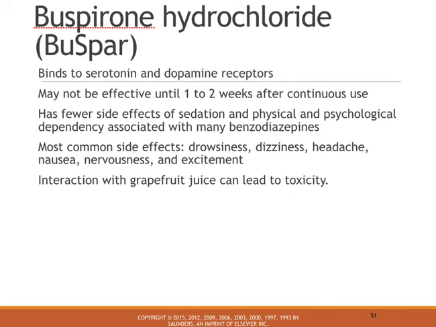So it has less sedation, less physical and psychological dependency than benzodiazepines, and an interaction with grapefruit juice that we need to avoid. Common side effects are a little bit of drowsiness, some dizziness, headache, that sort of thing. But usually it's much less than what you find with the benzodiazepines.